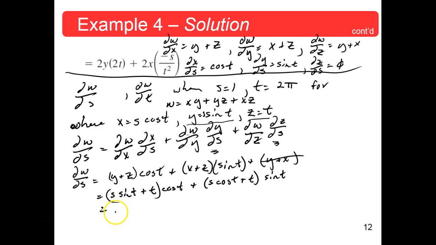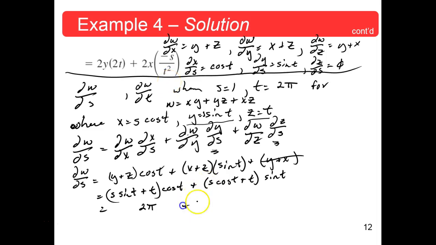The sine of 2 pi is 0, so that part is 0, and this will just be 2 pi times the cosine of 2 pi, which is 1.